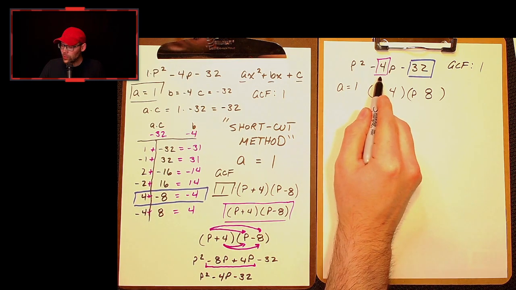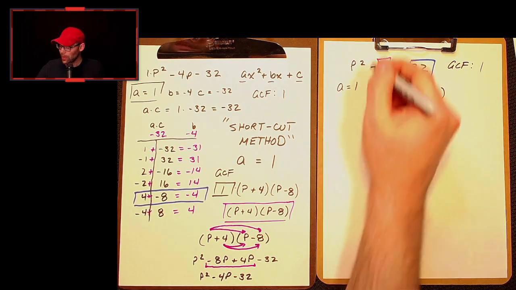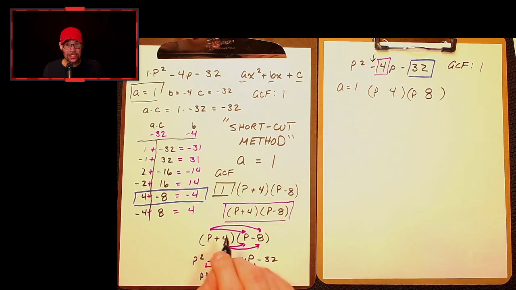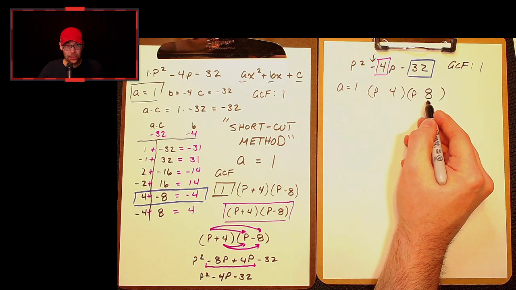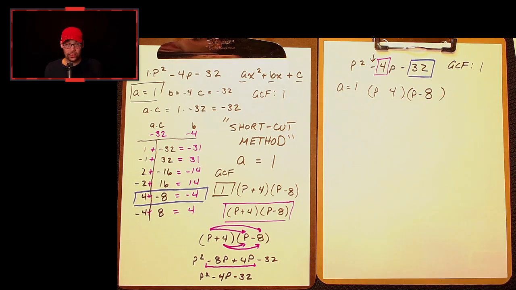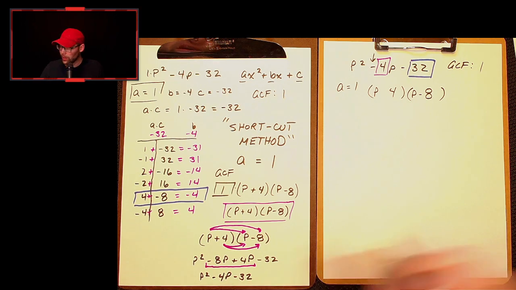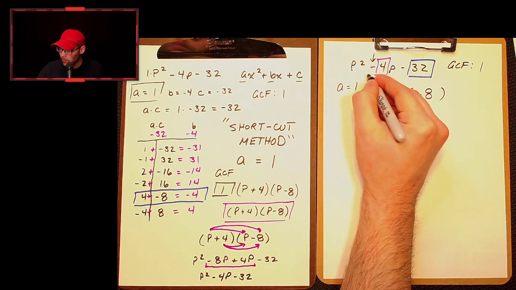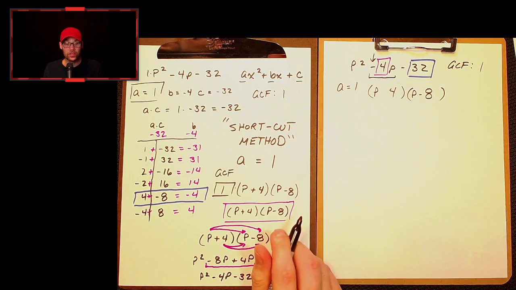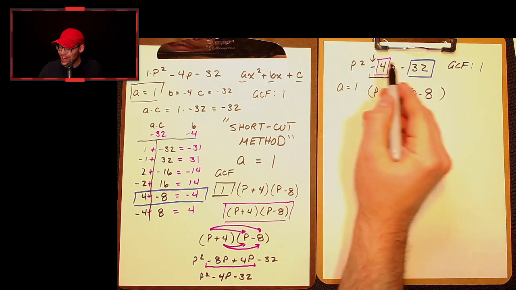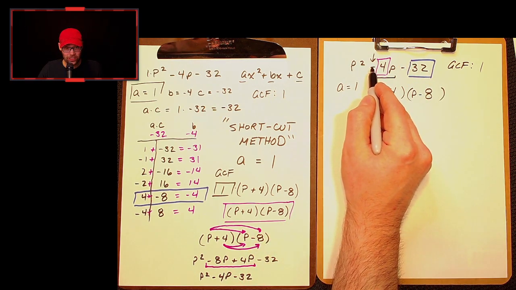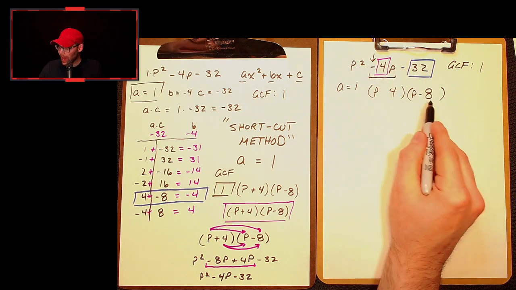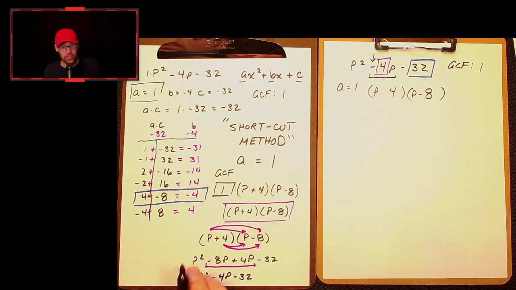The only way our middle term is a negative value is if the biggest number is negative. This will work every single time as long as you say it that way. The only way that my middle term, which here is the opposite of 4p, is a negative sign means my biggest number must be negative.